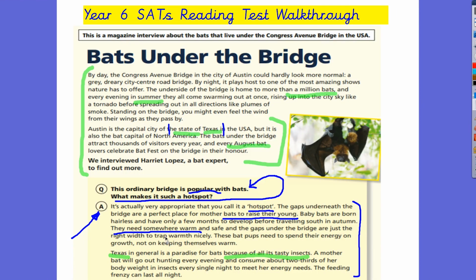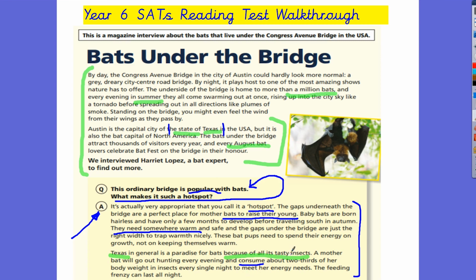It says it's actually very appropriate that you call it hotspot. We're looking for a word that means eat here. So let's keep scanning. There was something about bats eating insects down here. Aha, here we go. So we've got the word consume. If I was to swap that word for eat, would it still make sense? "A mother bat will go out hunting every evening and eat about 2/3 of her body weight." Yep, so I can swap the word and it still makes sense.